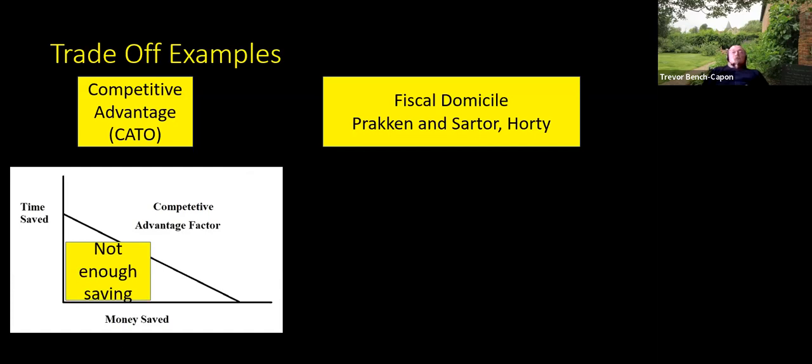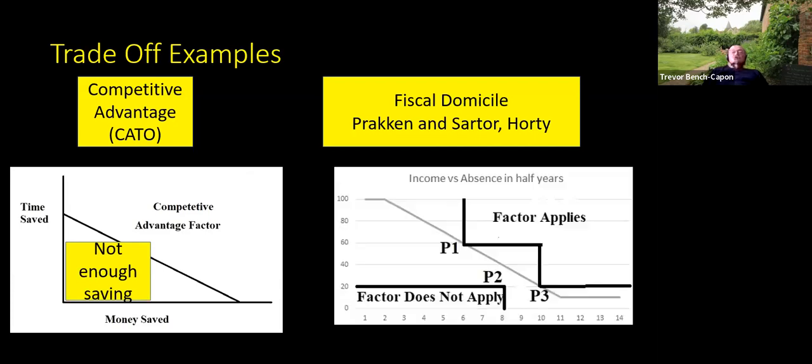An example used by Prakken and Sartor in Jon 40, the Sister Renaissance, depends on the percentage of income earned abroad and the length of absence. In P1, the factor applies. In P2, the factor does not apply, and so we can rule out this area.